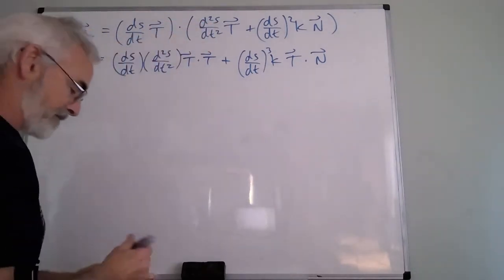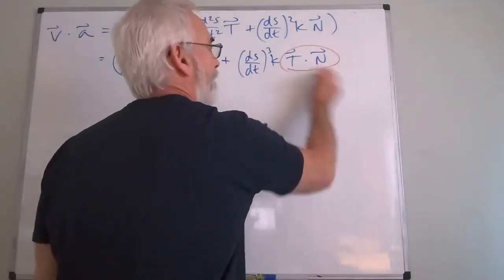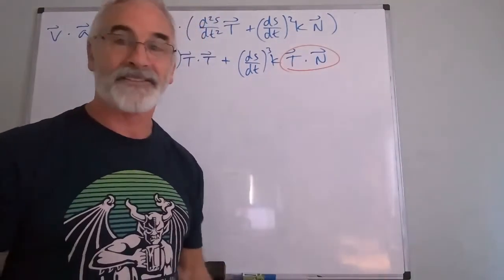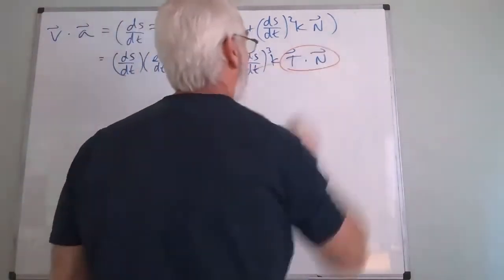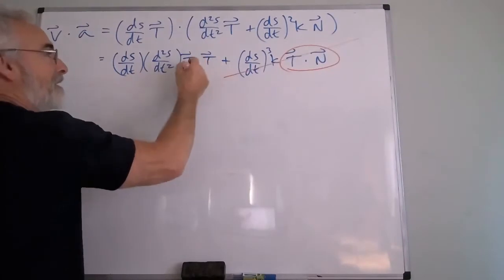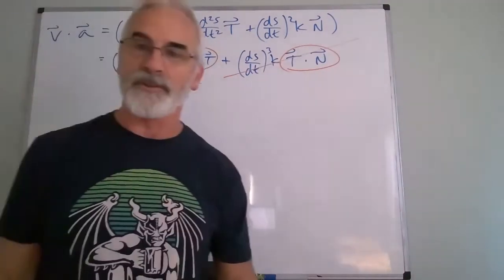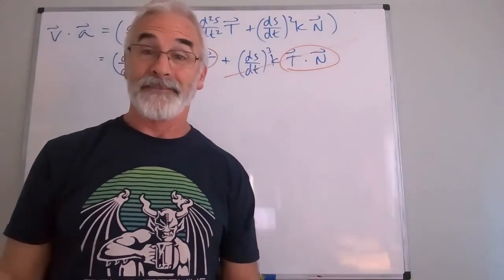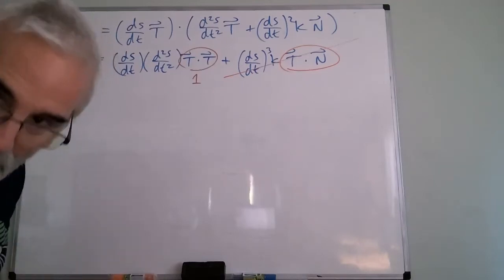Okay, so what's the big whoop here? Well, T dot N, it's 0. They're orthogonal. T dot T, that's 1. It's a unit vector dotted with itself. Ooh. So let me rewrite this statement right here. I think we might be onto something.